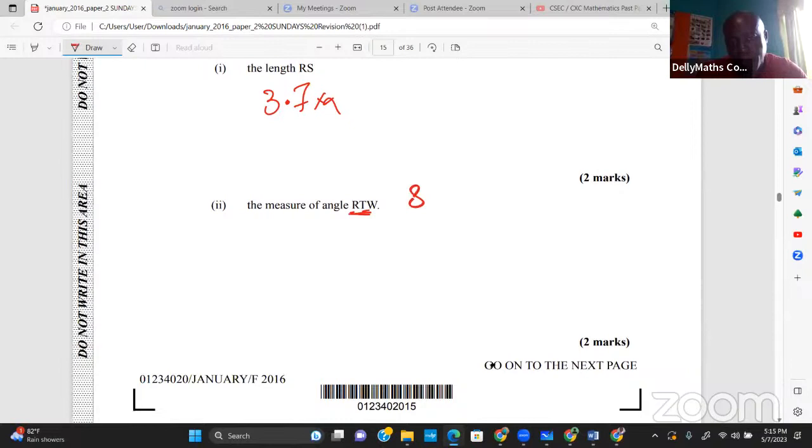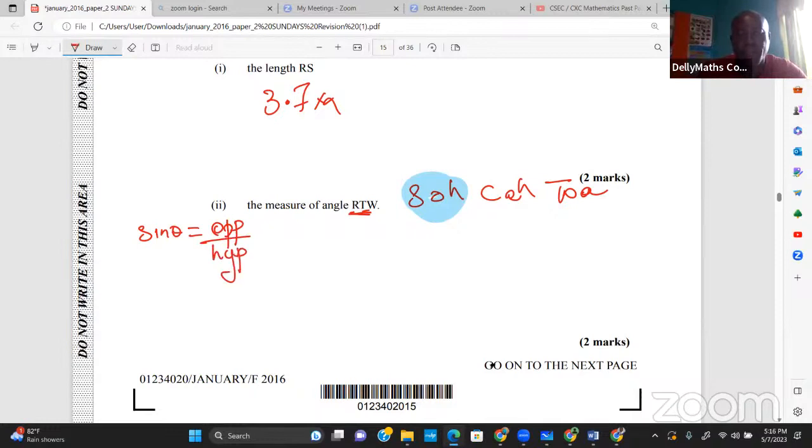Remember this? SOH CAH TOA. So which one of these would have the opposite and the hypotenuse in it? Is sine. I'll just write what it is. Sine of the angle in the right angle triangle is equal to the opposite side over the hypotenuse side.